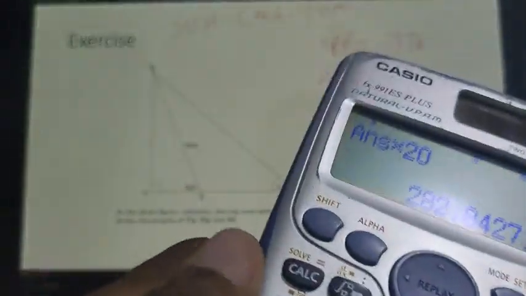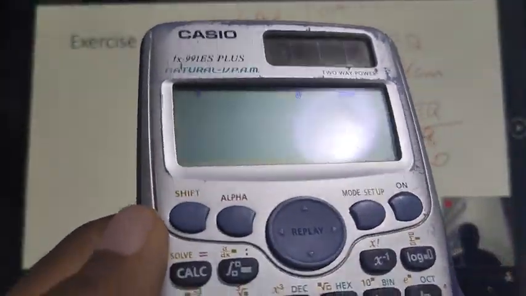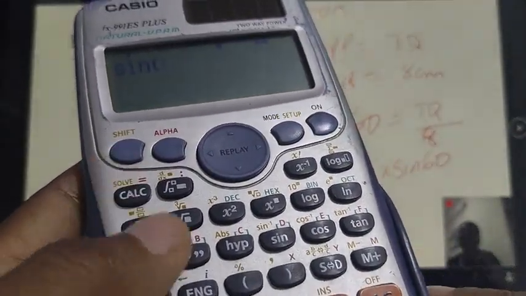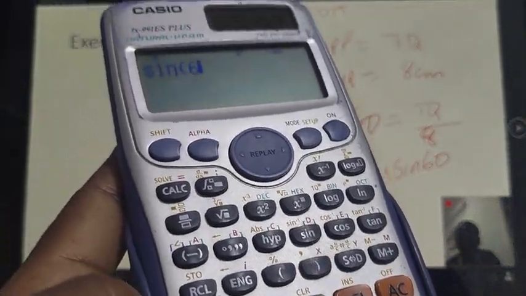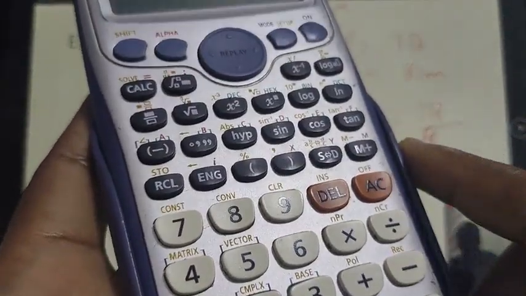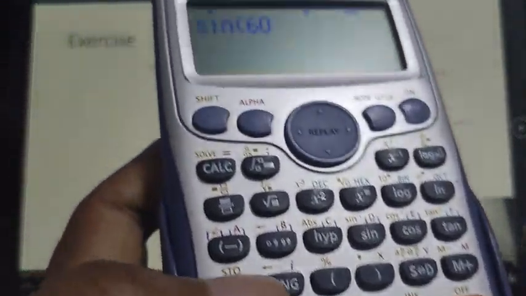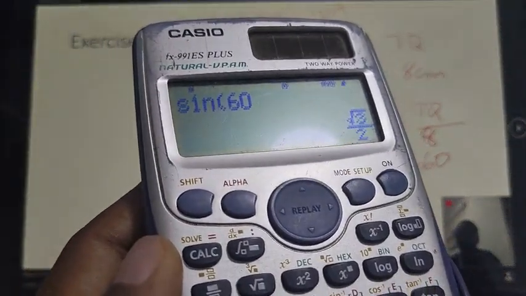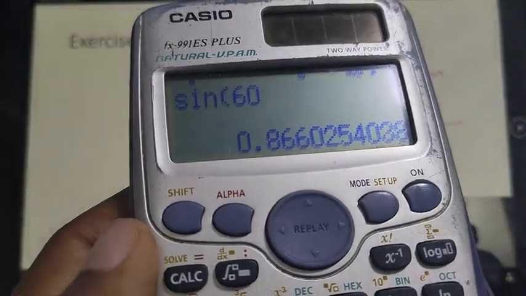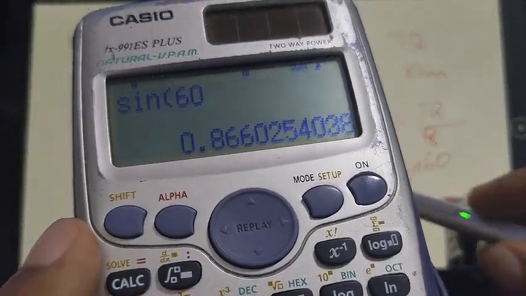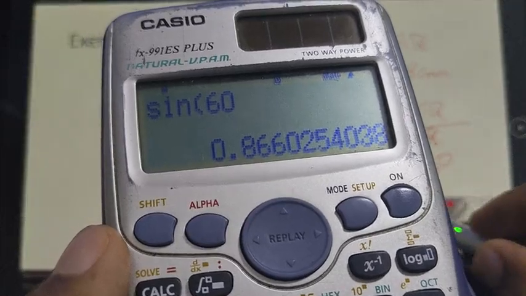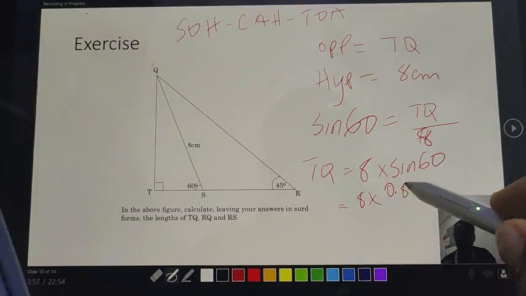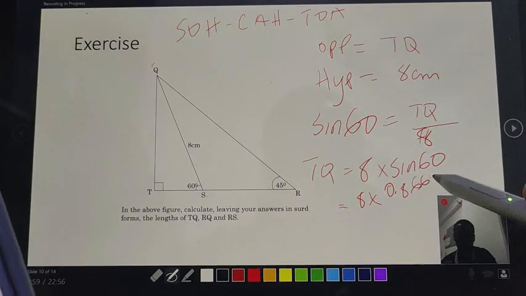Let's take a calculator. Press sine, then put 60. We know sine 60 to be 0.866. So it's 8 times 0.866.